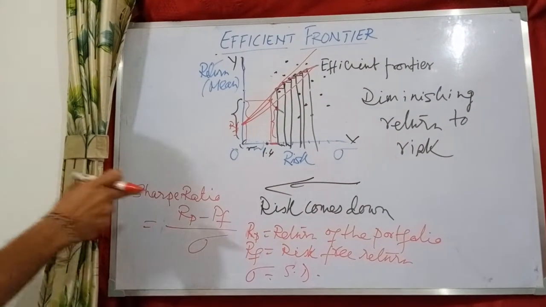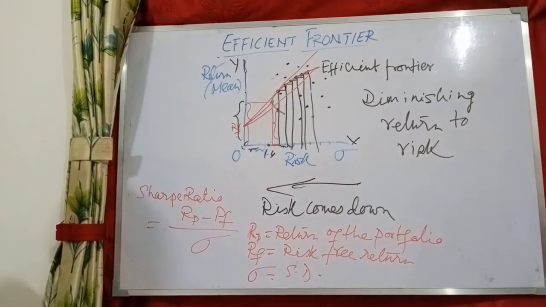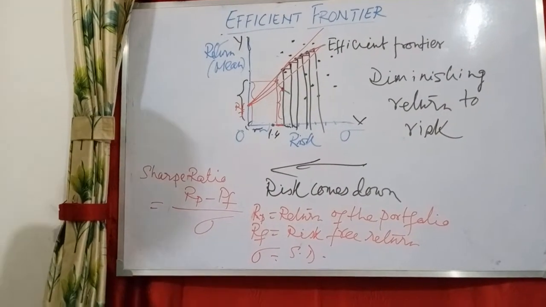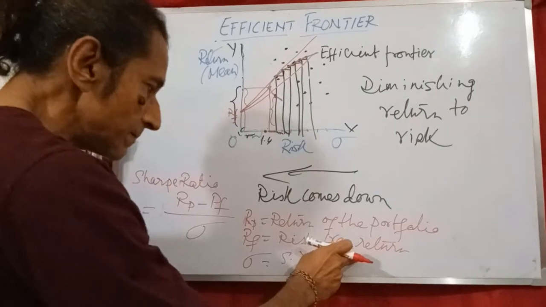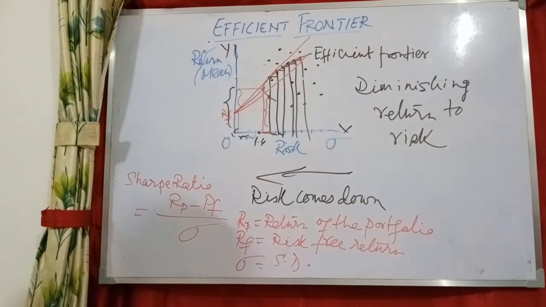So Sharpe ratio is derived by dividing the difference between return of the portfolio and risk-free return by the standard deviation.